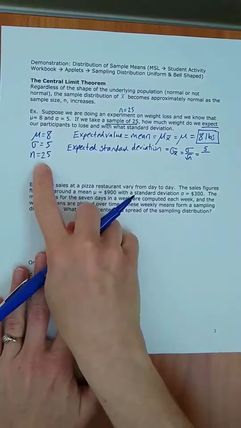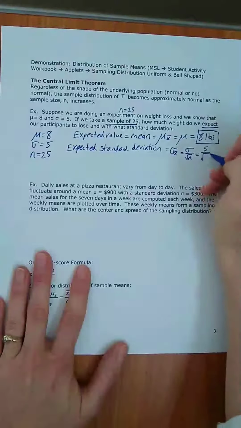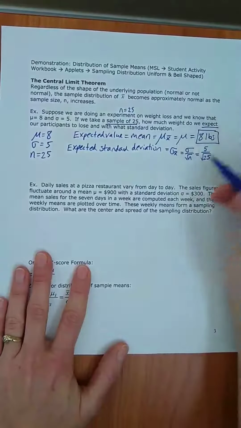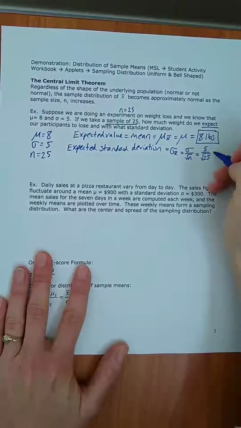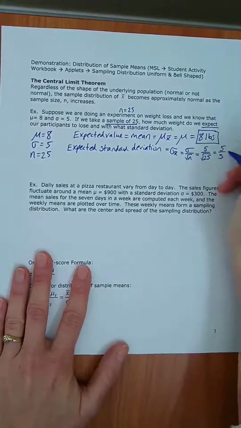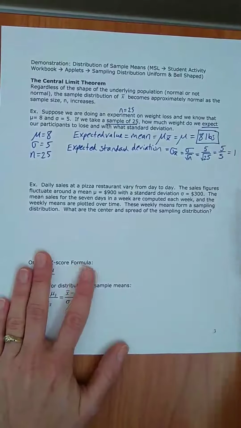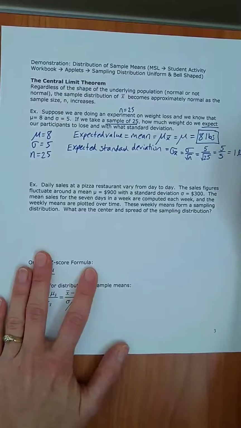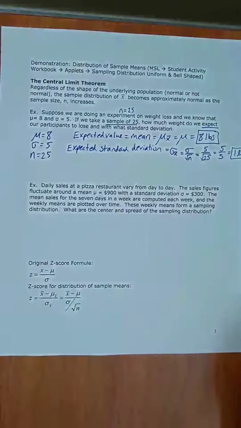We're just taking a sample of 25. So our sigma gets kind of scaled down. The square root of 25 is 5, so our standard deviation is just 1, so 1 pound. And that's some of the language in terms of expectation: expected value or expected standard deviation.